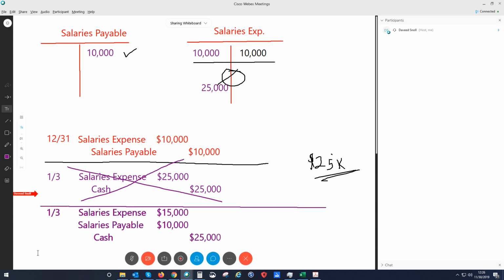So now you'll see if our clerk does that journal entry at the end of the week instead, then we only wind up with $15,000 up here, which is what we want, right? We also have now put the $10,000 debit over here, making salaries payable 0, and we're good, right? No big deal. Everything is what it needs to be.